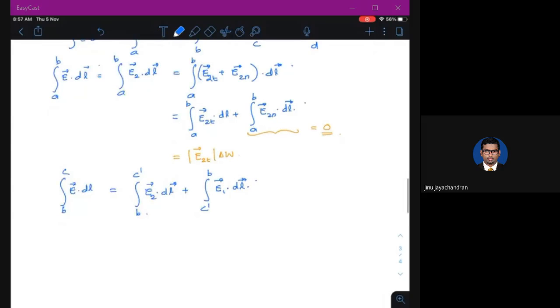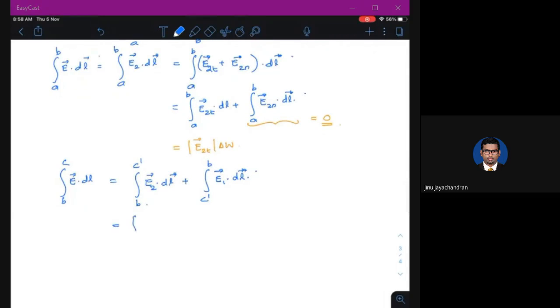The first part I can split as B to C dash E2t plus E2n dot dl, and the second part as C dash to C E1t plus E1n dot dl.